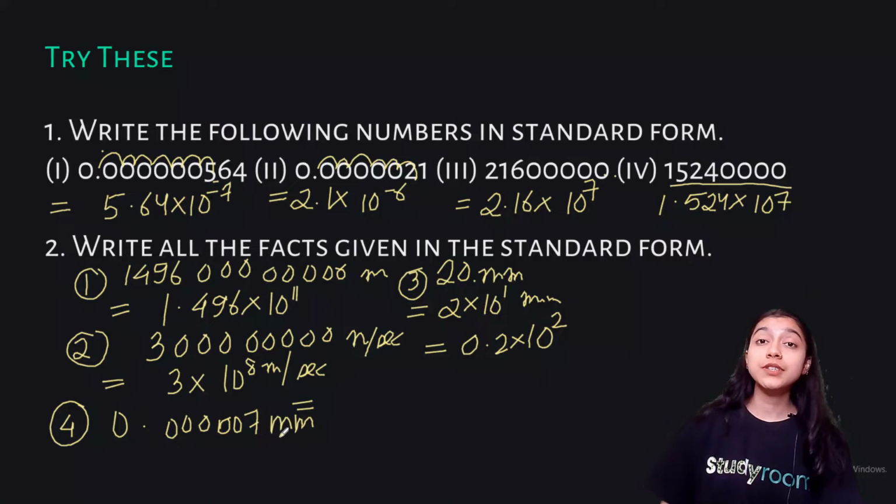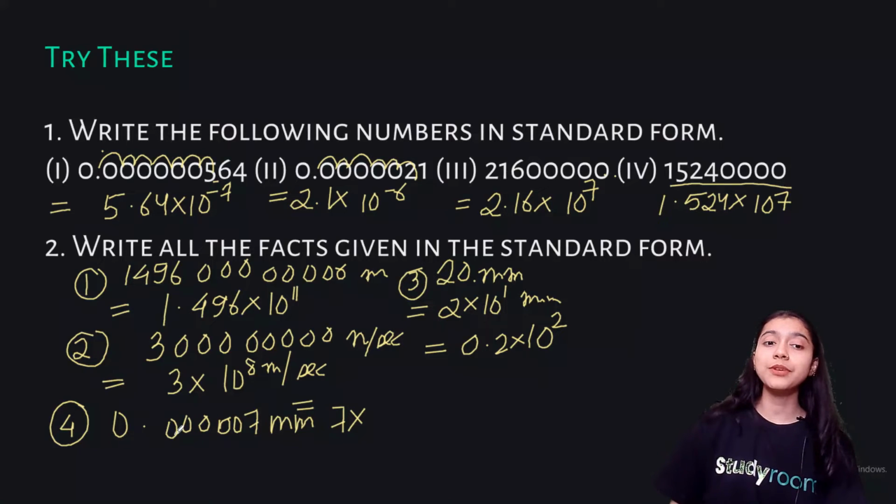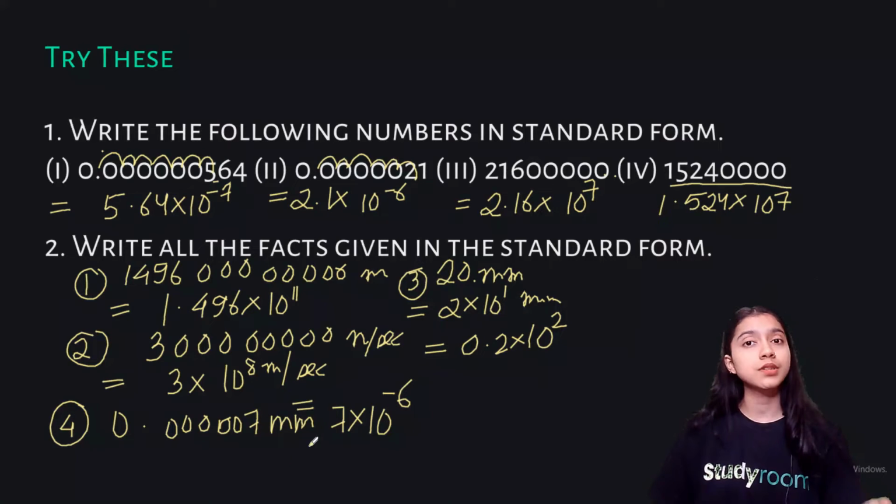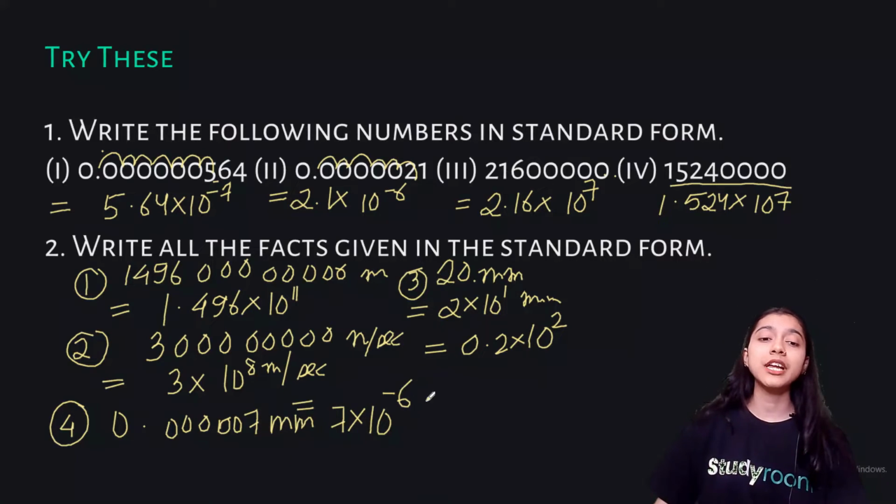So when we have to shift the decimal place towards the right hand side, we have to take the exponent negative. Calculate the number of places we are shifting, 1, 2, 3, 4, 5, 6. So it will be 7 multiplied with 10 to the power of minus 6, because we are shifting the decimal place towards the right hand side. So it's 7 multiplied by 10 to the power minus 6 millimeters.